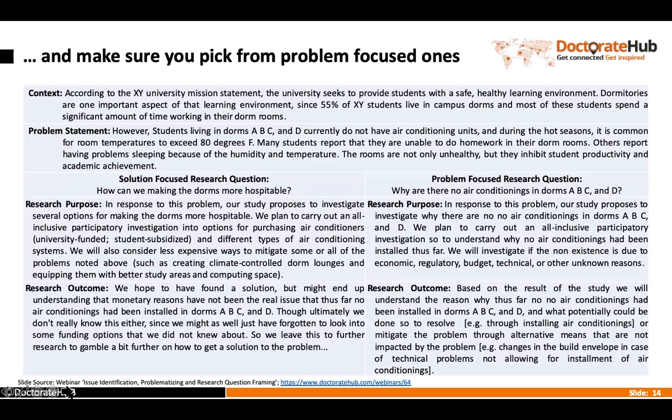Which in turn will put you on a very different research pathway. In the solution-focused scenario, it will put you towards gambling on a random solution, while in the problem-focused scenario, it will make you investigate a problem in depth and attempt to really understand it, and only then understand how it could be resolved.